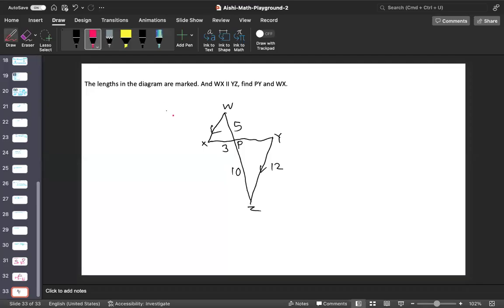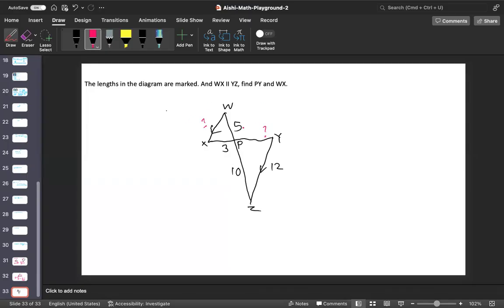Okay, last problem of the day. So the lengths in the diagram are marked, and WX is parallel to YZ. Find BY and WX. Then we need to find this and this.